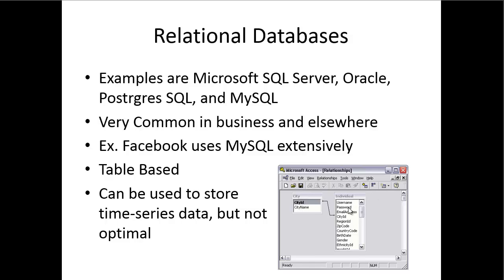It's got username, password, email address, and city ID. And so if my city ID is 1, I can go look in this table at number 1 and see that maybe that's Palm Beach, Florida. So this is what relational database tables look like, and things that you would use these for would be things like maybe a product catalog.